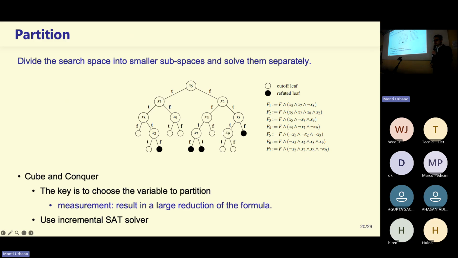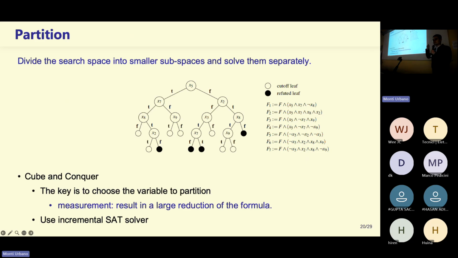So the key here is how do we choose the variable to partition the formula? A popular measurement is to choose the variable that leads to the largest reduction of the formula.